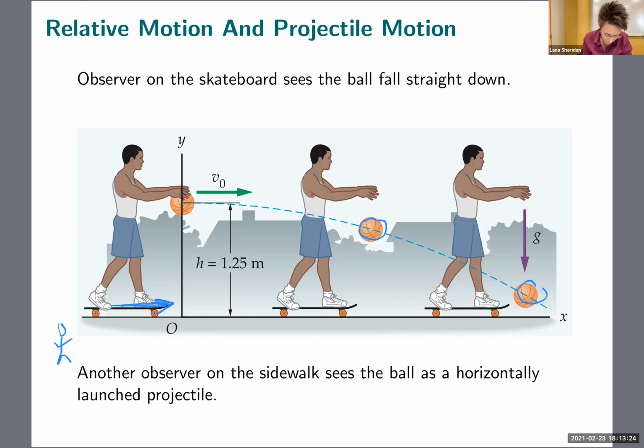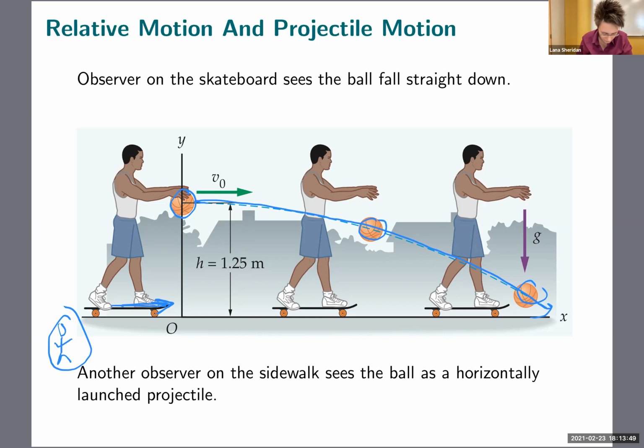What must this observer on the ground be seeing? Well, what she sees is that the basketball doesn't drop straight down. That's what he sees relative to himself. But what she sees is it follows a path like this, a parabola. It's a projectile. And why? Because when he releases it, he's saying, oh, I'm dropping it from rest relative to my body.